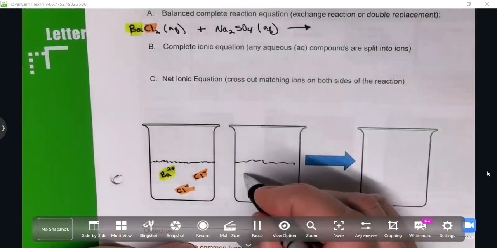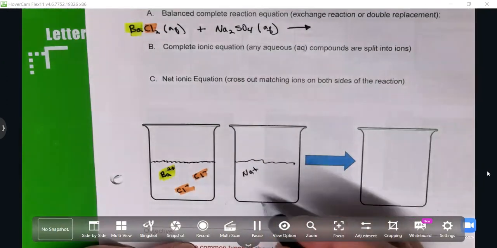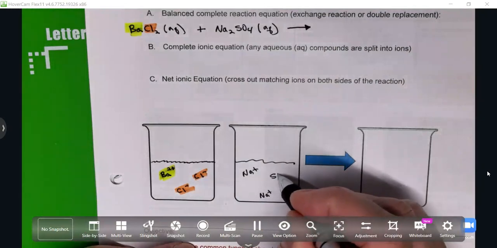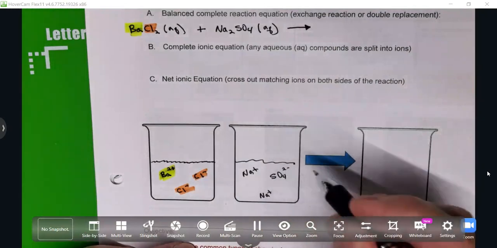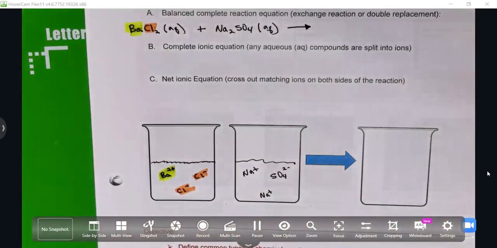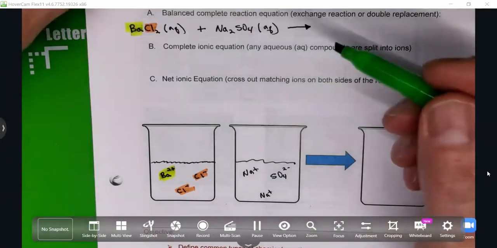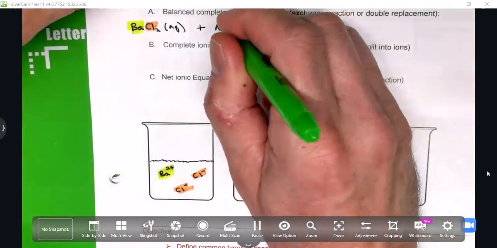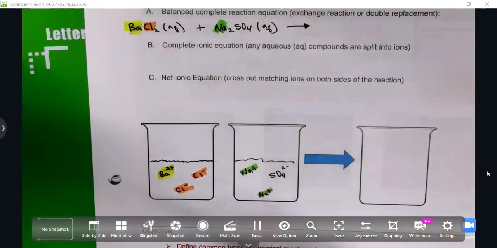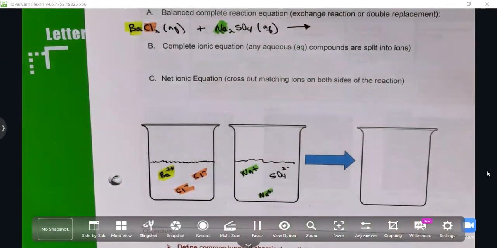Then I'm going to have 2 sodiums, Na plus and Na plus, and I've got sulfate floating around as 1 unit. I'm going to make my sodiums green and my sulfate blue.